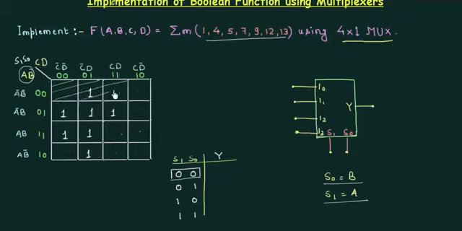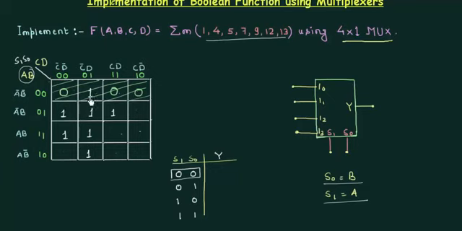For this complete row, AB is 0. In this row, at this cell the value is 0, at this cell the value is 0, and at this cell the value is 0. And as we are doing it for the minterm, we don't have to see the zeros, we have to see the 1.